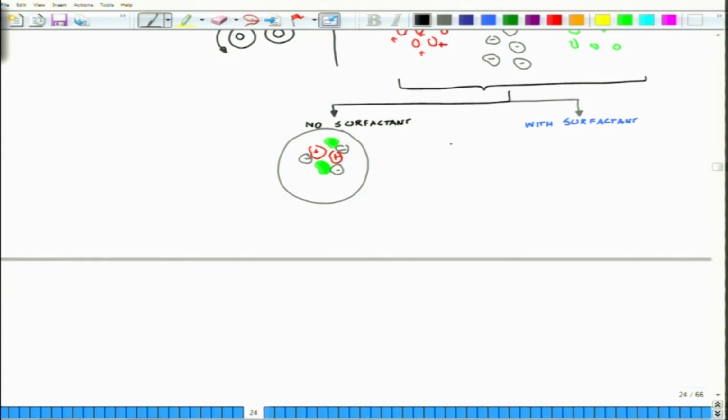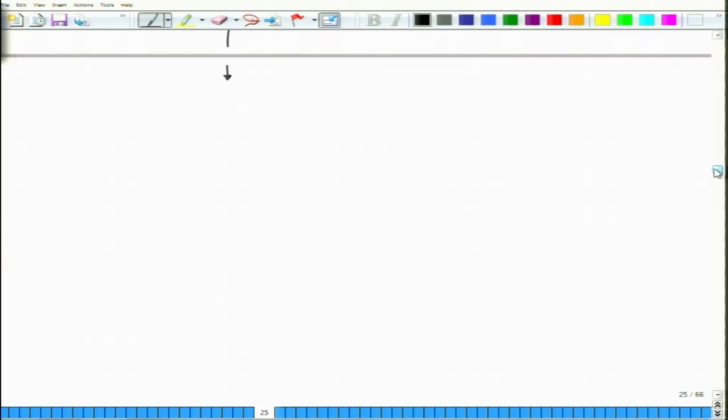I will just switch to the next page, that way we will get more space to explain the drawing. So if you are using an anionic surfactant, something like this, the anionic surfactant will attract the cation. So you have the cationic particles like this, and you have the anionic surfactants like this.